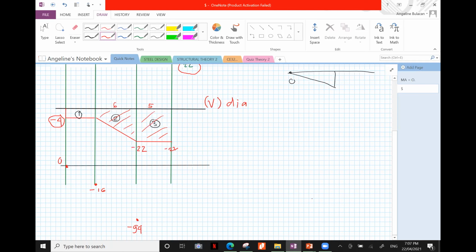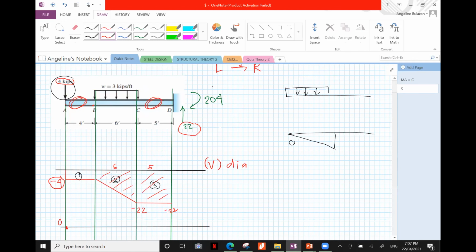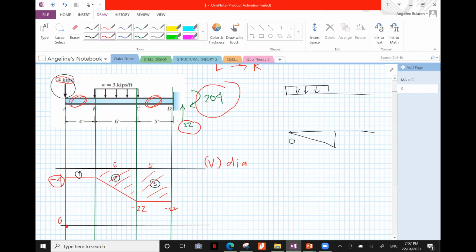Hindi siya nakascale. So, again, ito 204, magre-reflect yan sa 204. Hindi siya 0, 204 siya kasi meron tayong 204 na moment sa support.